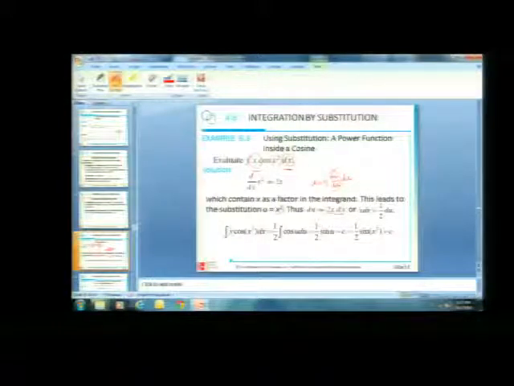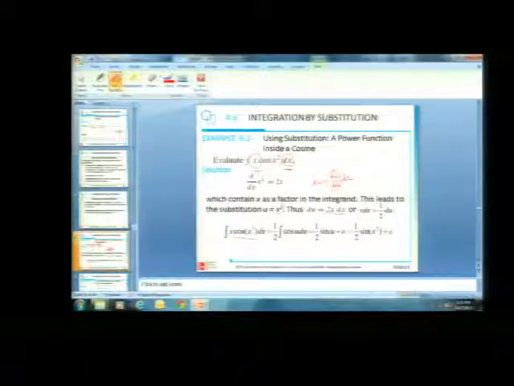So the original integral, x dx now becomes half du, and the constant half can be brought outside the integration. Right? Okay? And then what about cosine x squared? Cosine x squared now becomes cosine u. You see in this new integral, there is no more x inside. Everything changed to u. And this integral can be done easily.